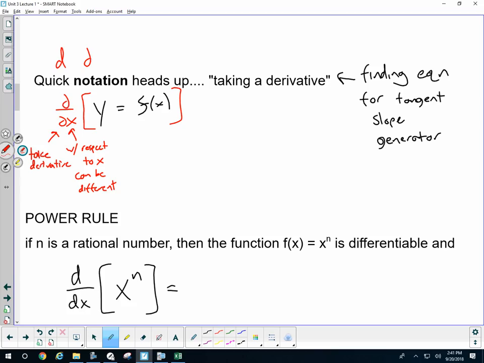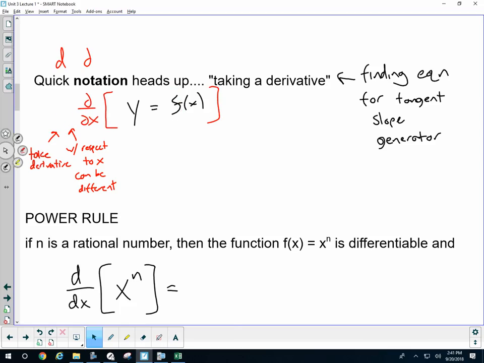And what you will get is f prime. When I take the derivative of f, I get f prime. When I take the derivative of y, we can write that as y prime. Y prime, f prime, same thing.